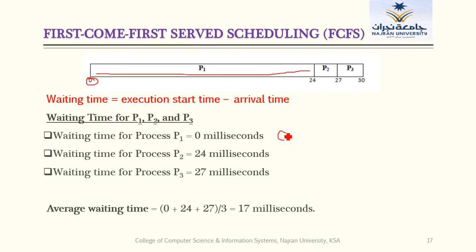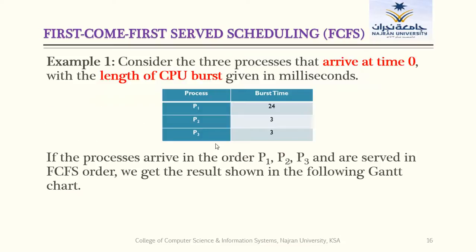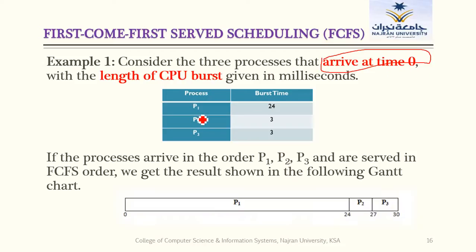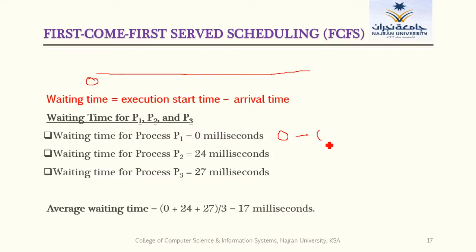So execution start time is 0 minus, according to the formula, arrival time. What is arrival time? In the last slide it is given that all three processes arrive at time 0, so arrival time is also 0. What will 0 minus 0 be? It will be 0. So the waiting time for process P1 is 0.